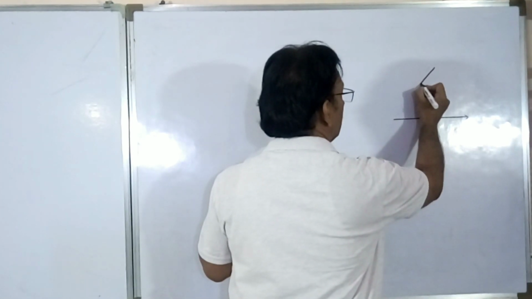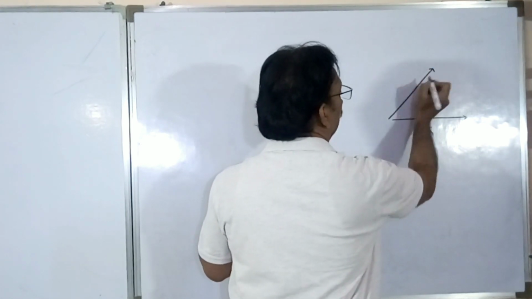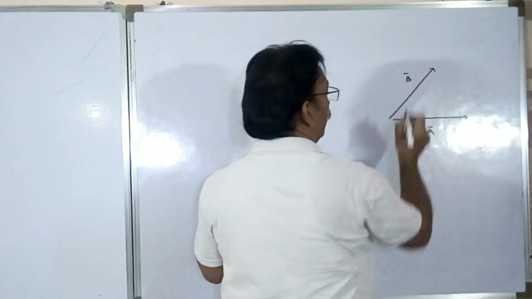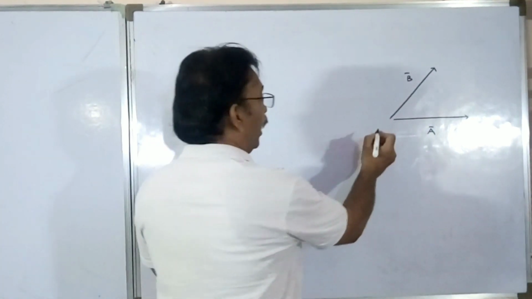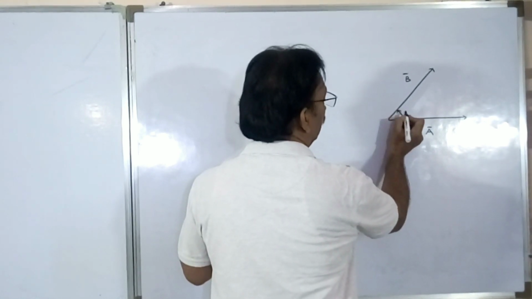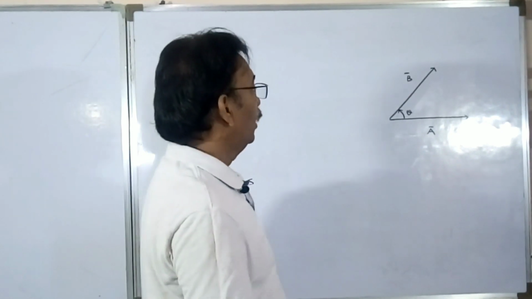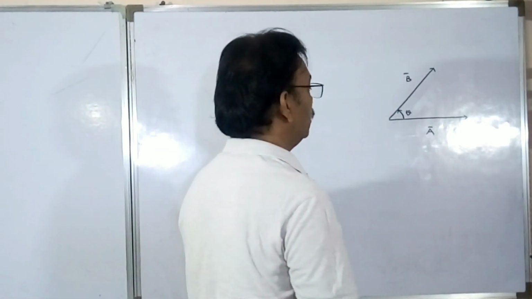Here is another vector, b bar, and we join the two vectors. They are inclined at an angle of theta in between, and we have to multiply these vectors.